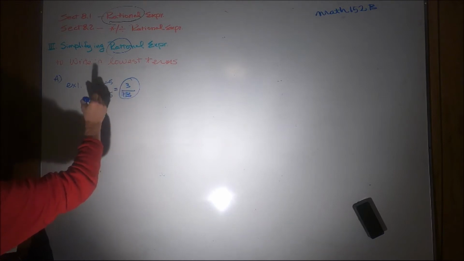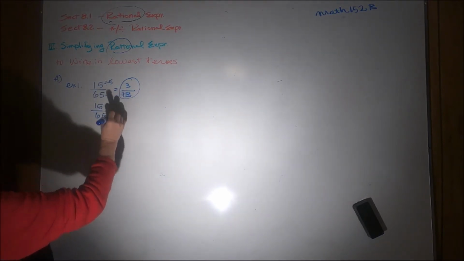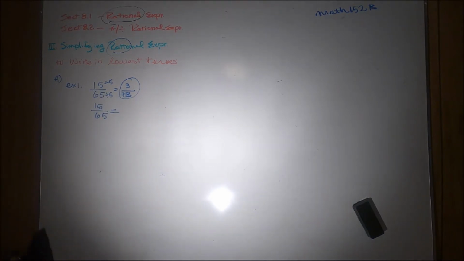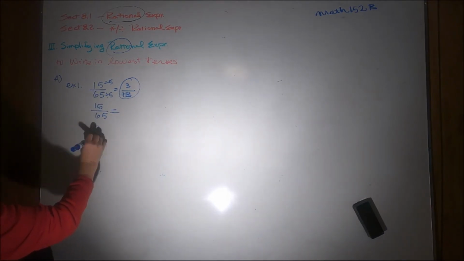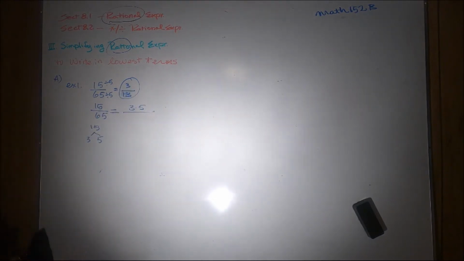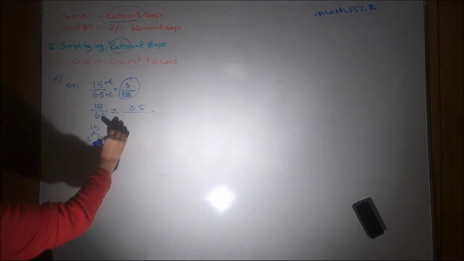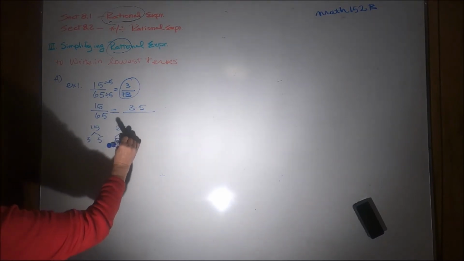Another method is this way. We will figure out what kind of things go into 15. So your trees will be what? 3 and 5. 3 and 5, right? Then you factor 65, and that will be what? 5 and 13.